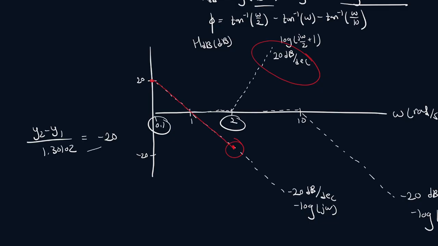So times that to this, and that's minus 26.02. Now 20 will be y1, and this is going to be y2. So y1 and then y2. So bring that to the other side. So that means y2 will be minus 6.02.